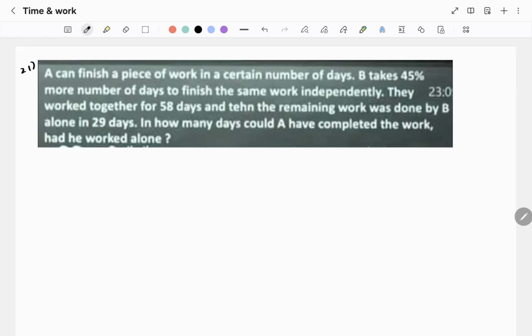Suppose A, B. Who is taking more time to do the work? B is taking more. So let A be 100, then B will be 145. Then they worked together for 58, means A worked for 58 days and B also worked for 58 days.